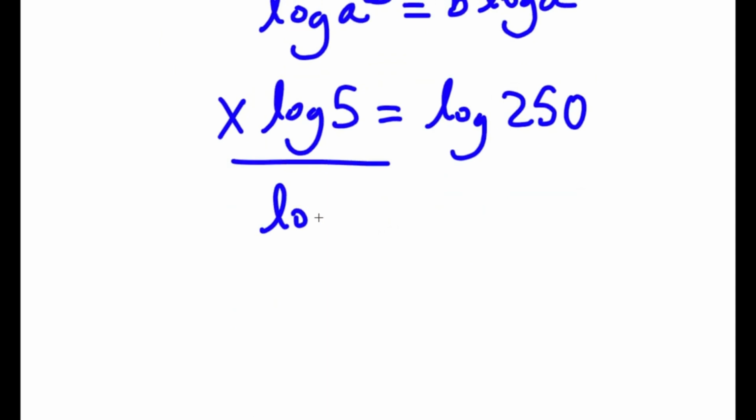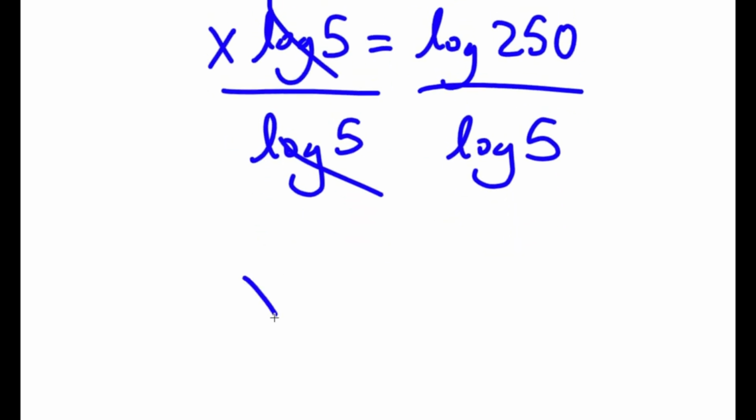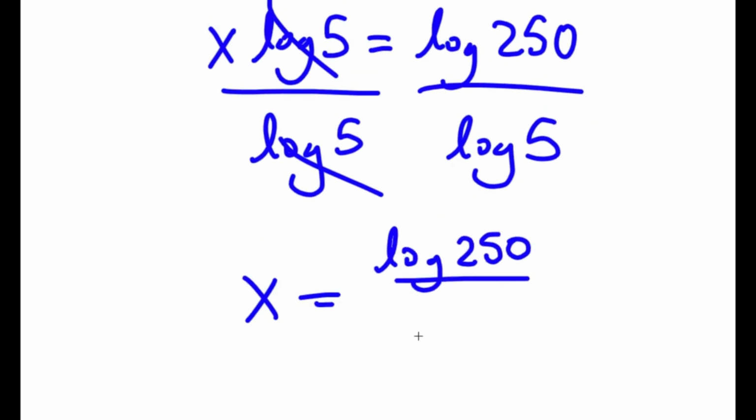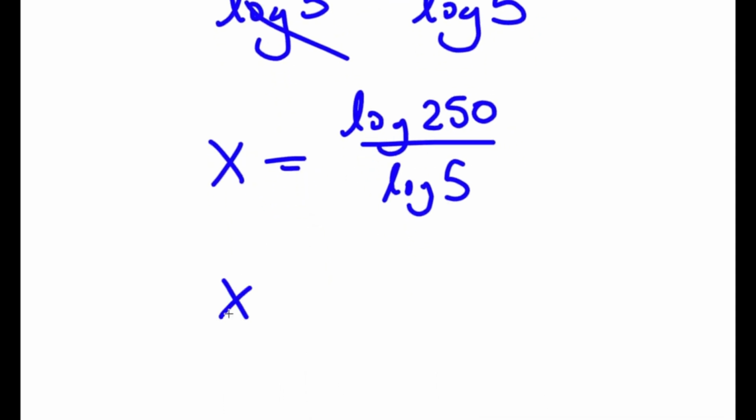Now if I divide both sides by log 5, these two cancel out, and I get x is equal to log of 250 over log of 5. Now, log of 250, I can rewrite that as log of 25 times 10.